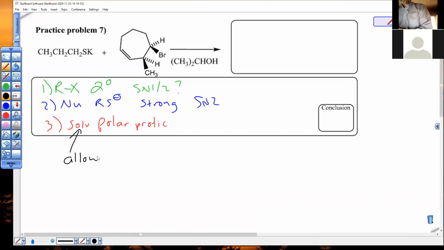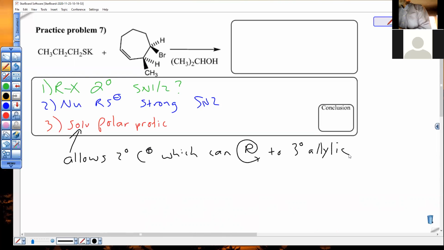Allows secondary C+, which can, here's my symbol for rearrangement, go to tertiary allylic. How stable is that? 3 plus 1.5.